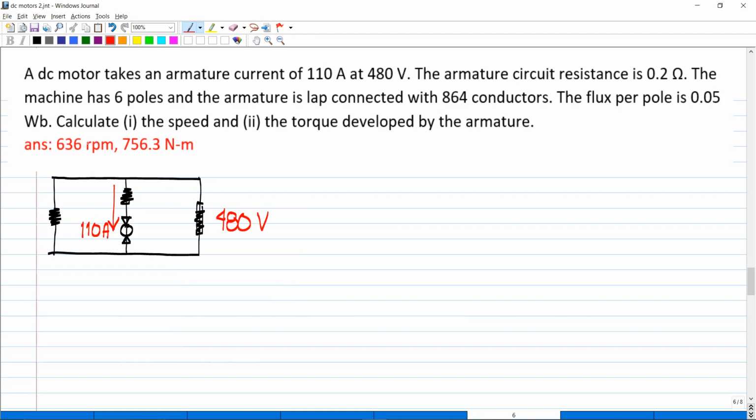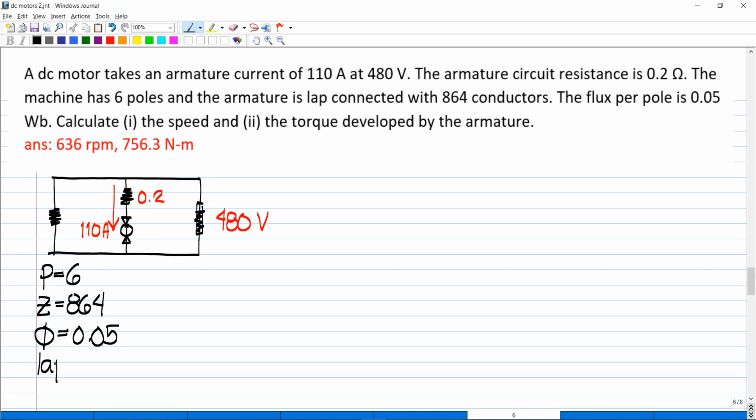The armature circuit resistance, so the armature resistance is 0.2. And then lista natin sa ilalim yung mga wala sa diagram natin. The number of poles, 6. The number of conductors na binigay sa problem, 864. The given flux is 0.05.